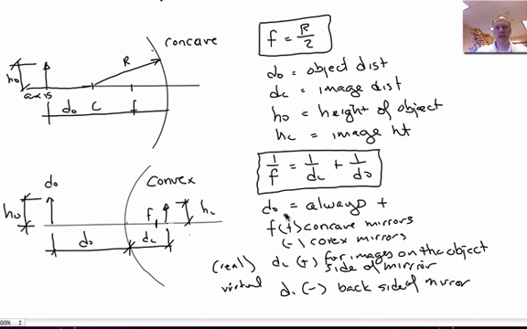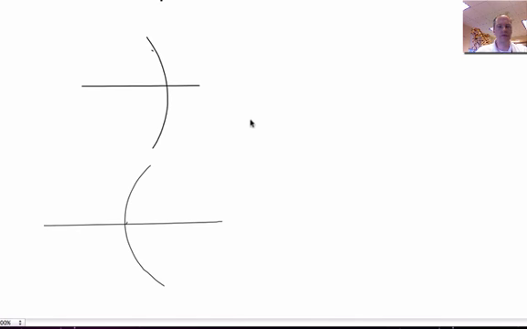Okay, let's see if we can apply some of these. Oh, and one other equation we need is magnification. Our magnification equation is going to be equal to the height of the image over the height of the object, which is also equal to negative DI over the object distance.